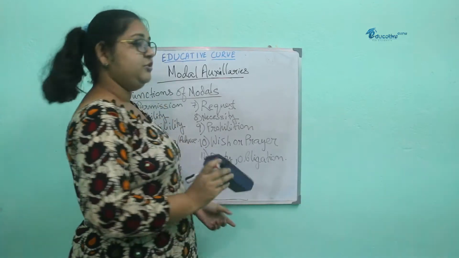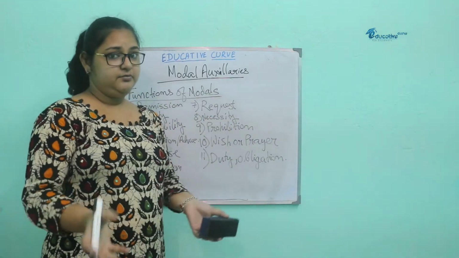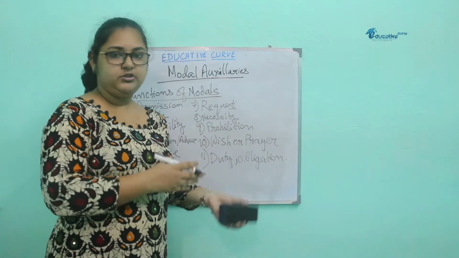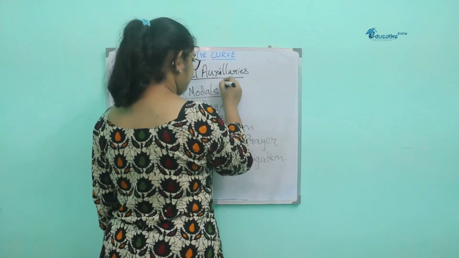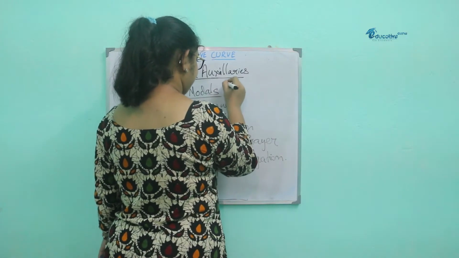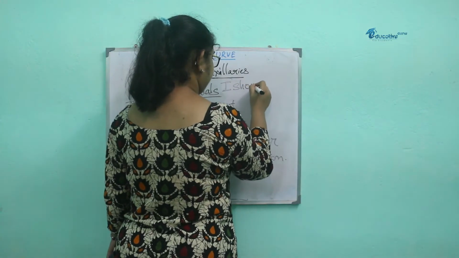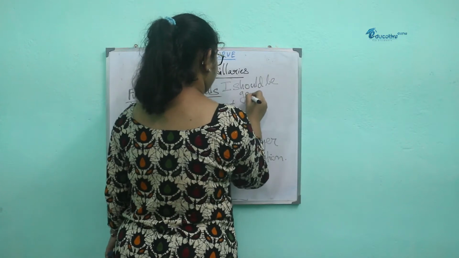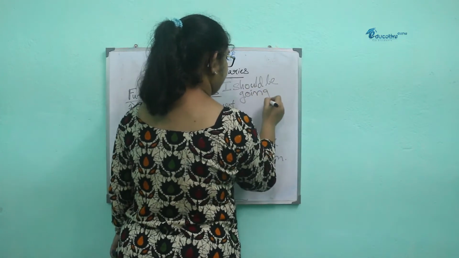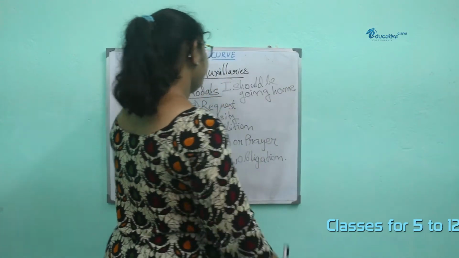Necessity. That means you need something, you want something. If you don't get it, then that means you will not have your work done. We can use it in this way: I should be going home.